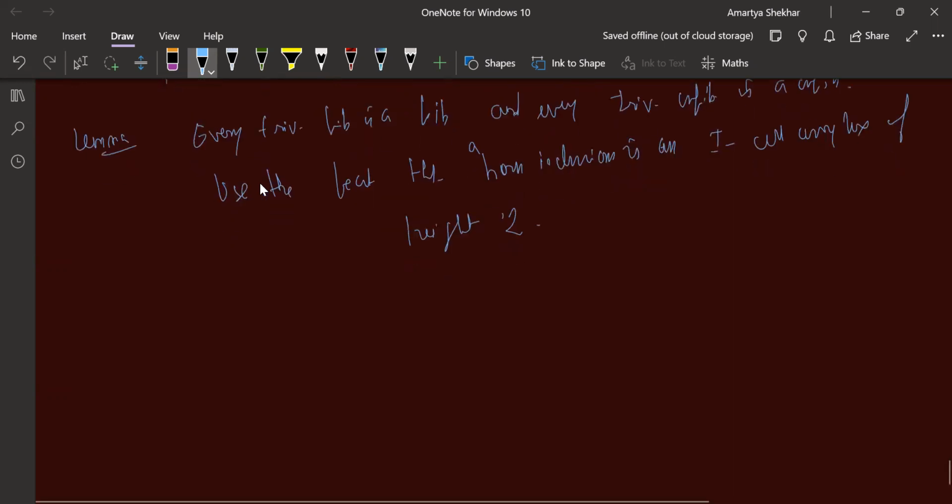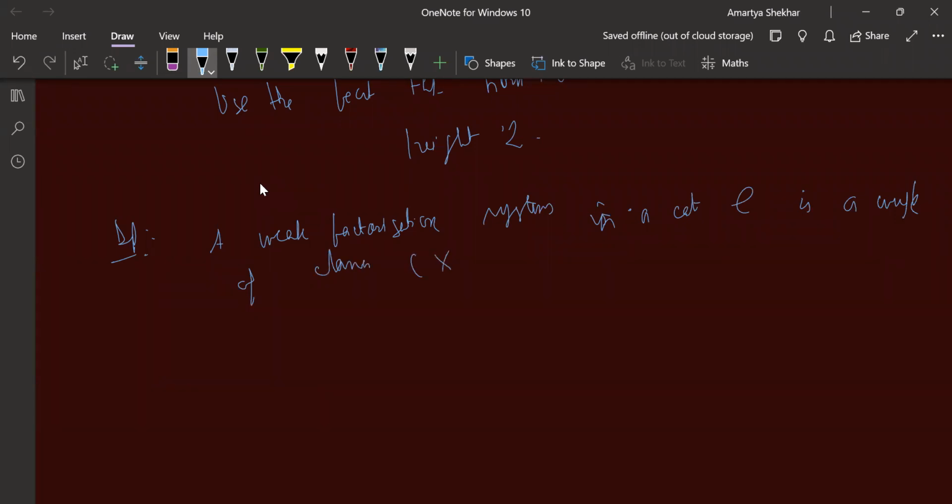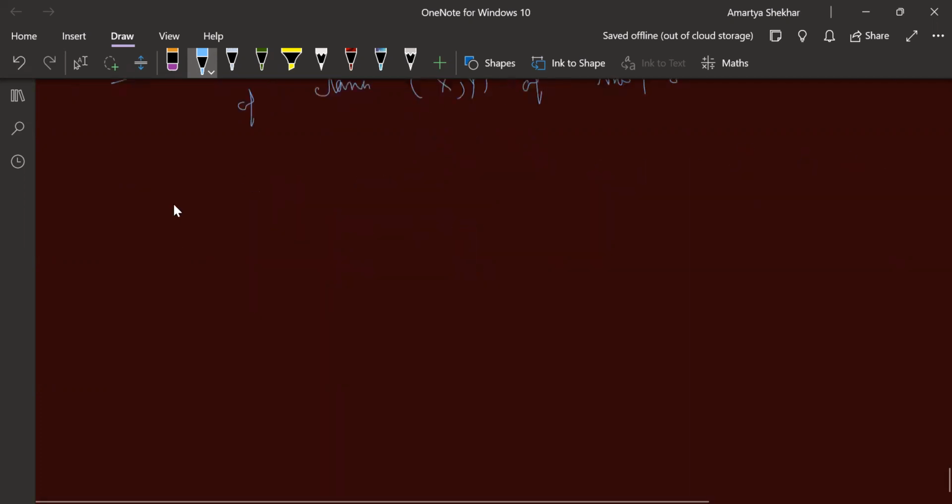Okay, so now I define a weak factorization system. A weak factorization system in a category C is a couple of classes, let me call them X and Y, of morphisms such that, again, you can find the definition elsewhere, X and Y are stable under retract. So what do I mean by that?